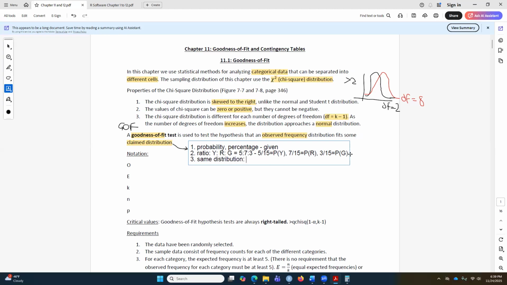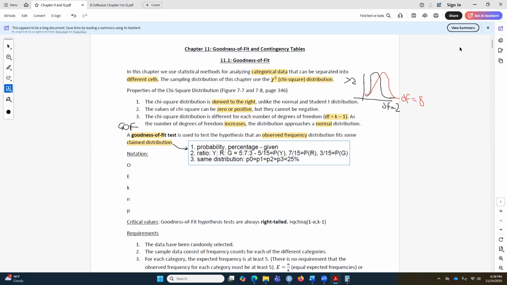Same distribution in this case means that P0 equals P1 equals P2 equals P3. So all the distributions are the same. Let's say if they only have 4 categories, then it has to be all 25%.